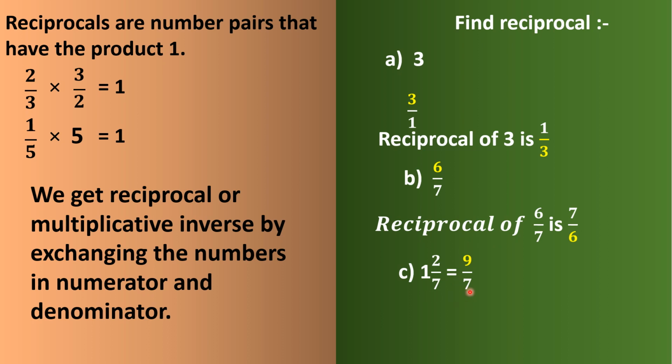Now we can easily find the reciprocal of 9 by 7 by exchanging the numerator and denominator. This numerator 9 will be the denominator and this denominator 7 will be the numerator. It means the reciprocal of 1 and 2 by 7 is 7 by 9. So it is very easy to find the reciprocal or multiplicative inverse for any number.